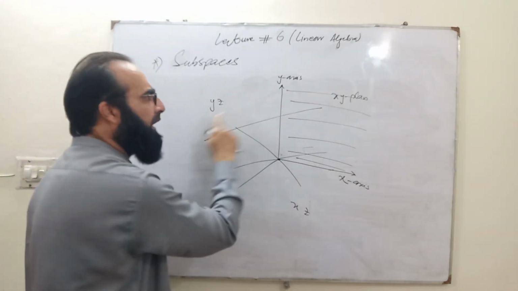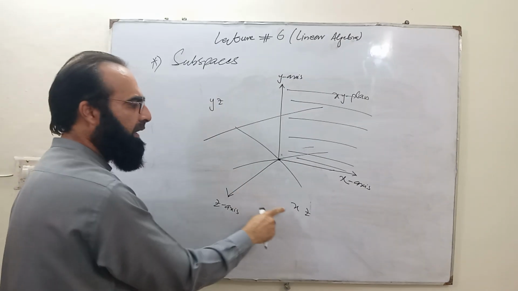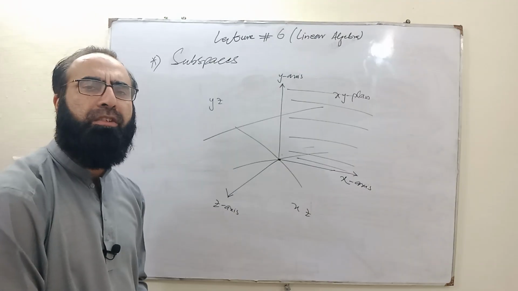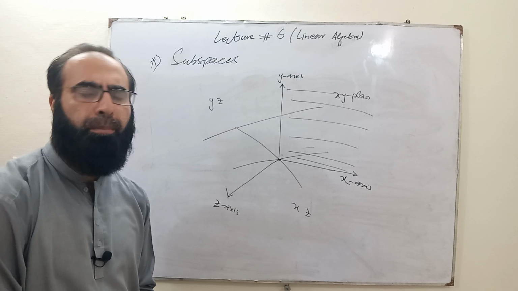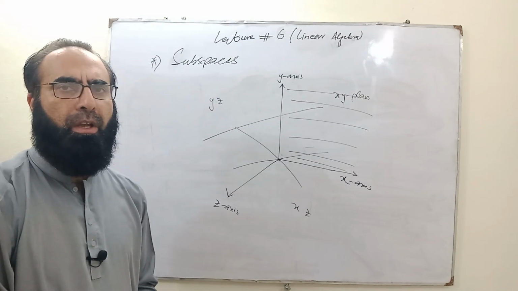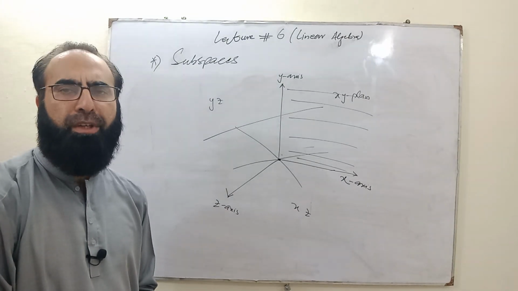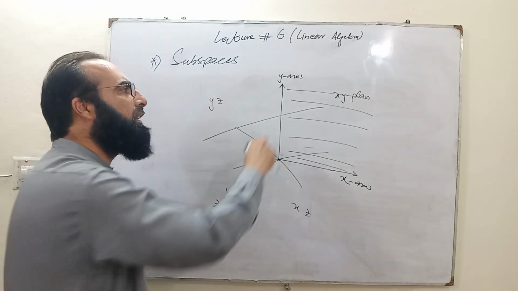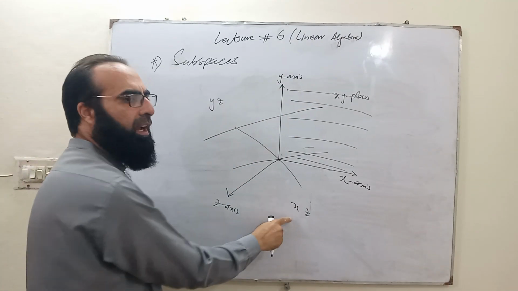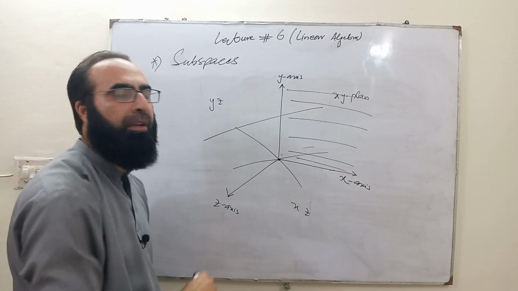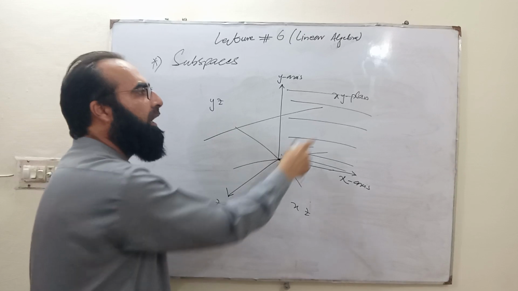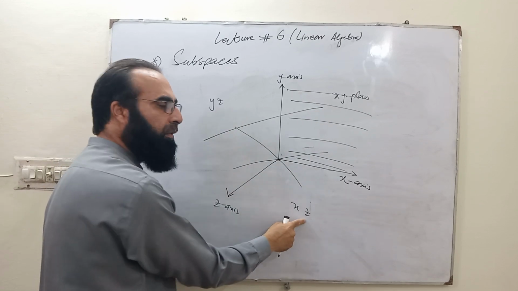And all these planes, the xy plane, yz plane and xz plane, are basically R square vector spaces. And we know that R square forms a vector space, so this shows that all these planes are subspaces of xyz space, as these are subsets.